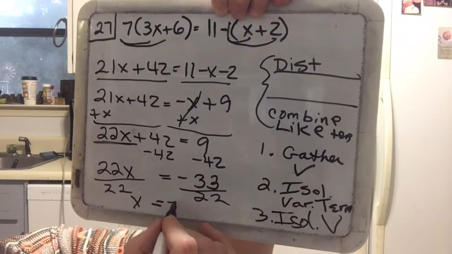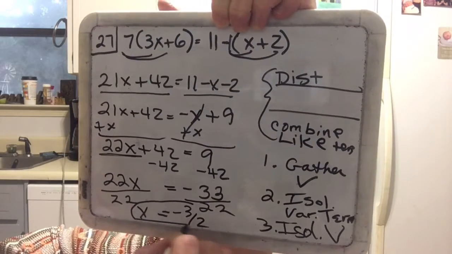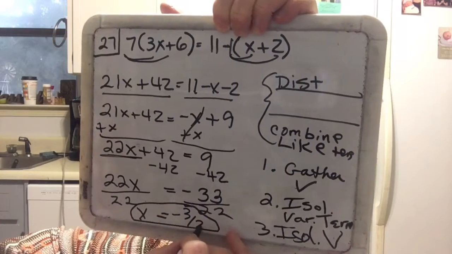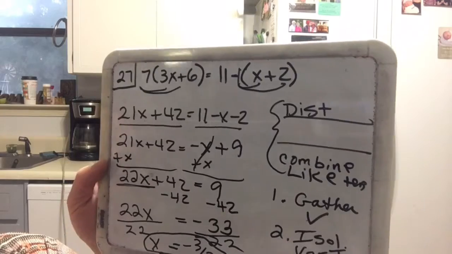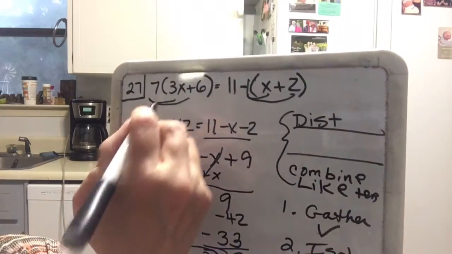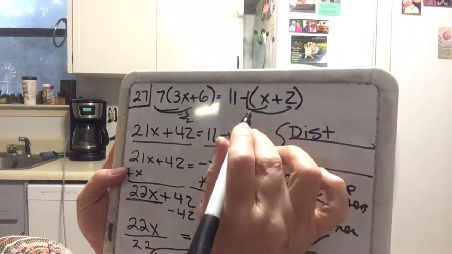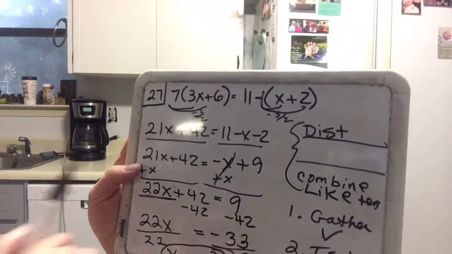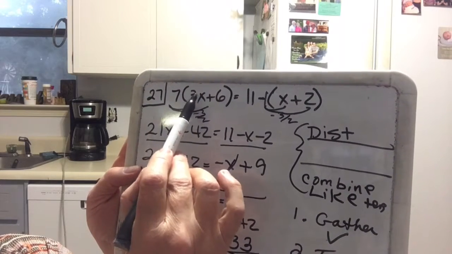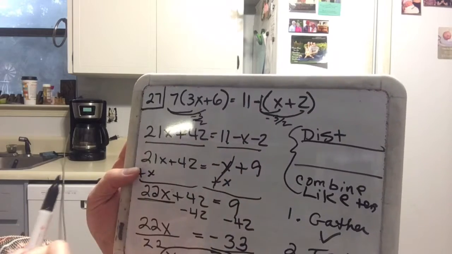So I'm going to end up with negative 3/2. Now, to find out if that works, I would have to go back up here and plug in a negative 3/2 here and a negative 3/2 here. If I plugged in a negative 3/2 here, I'm going to get a negative 9/2 here.